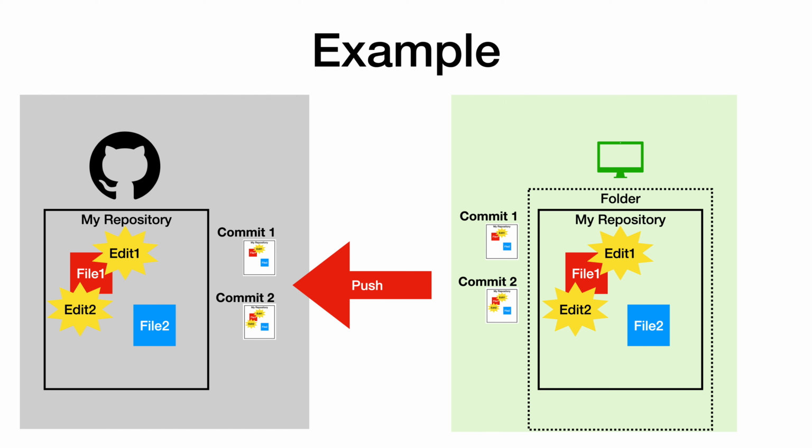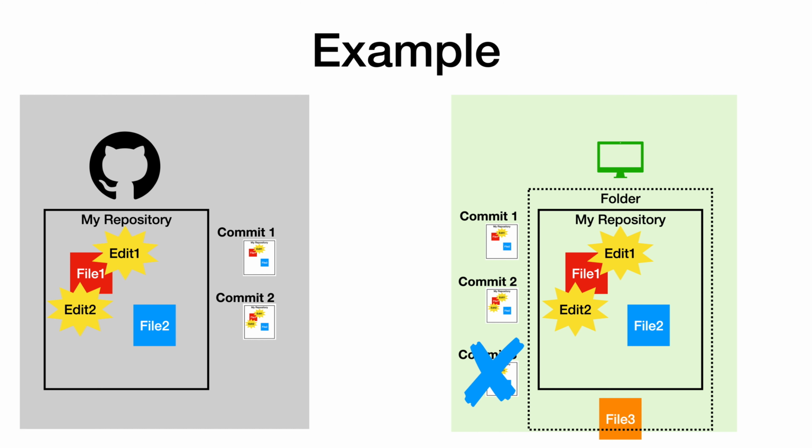One thing that can happen if you're not careful is that maybe we make a third file, but we didn't add it to our repository. It's just in the same folder. We didn't specifically say it. So when we make another commit, this snapshot doesn't have file 3 in it, even though it's in that folder. We don't want to do that.